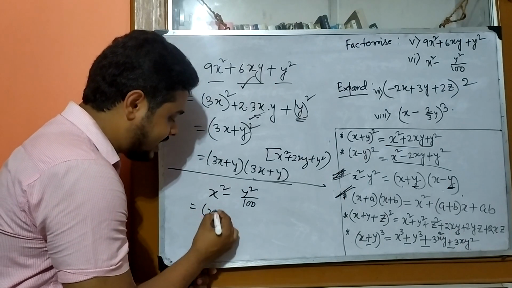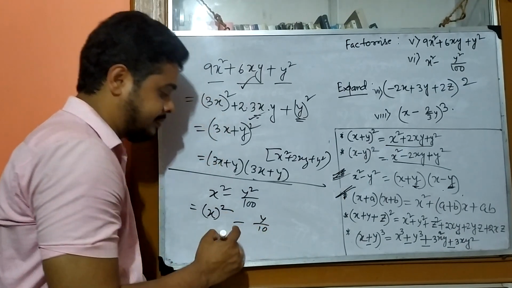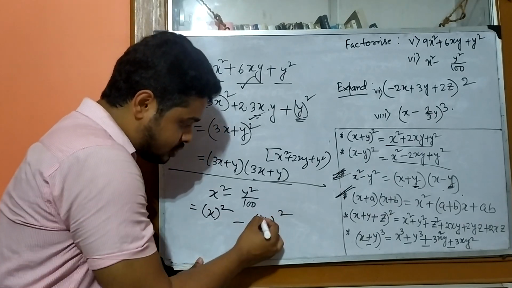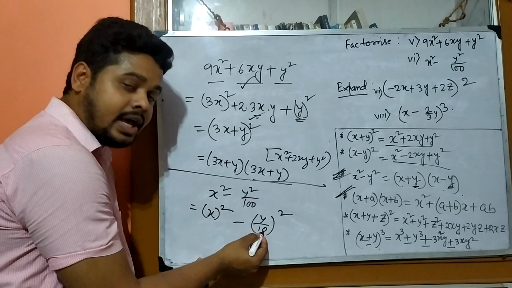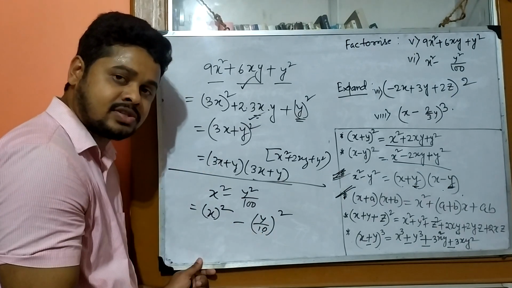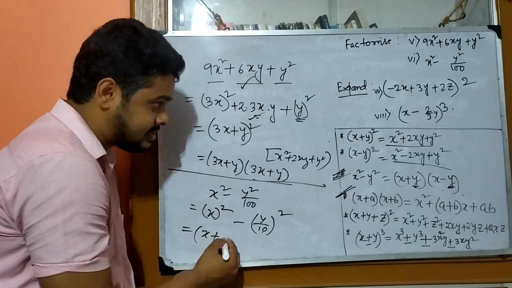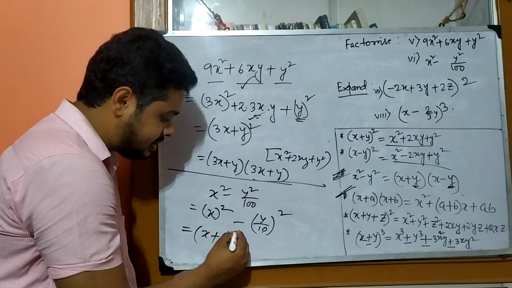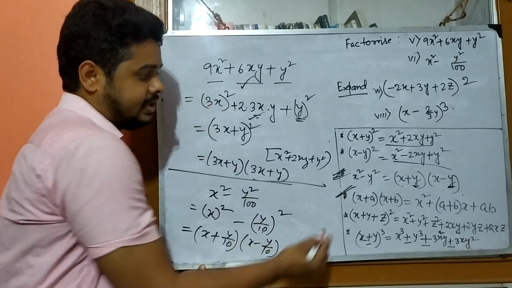So this one we can write (x) whole square minus (y by 10) whole square. That means y square is y square and 10 square is 100. That means a square minus b square, or you can say x square minus y square. That is (x plus y by 10) and (x minus y by 10).